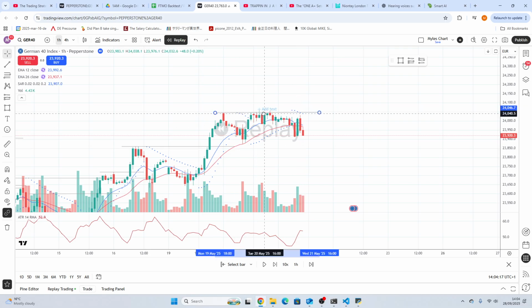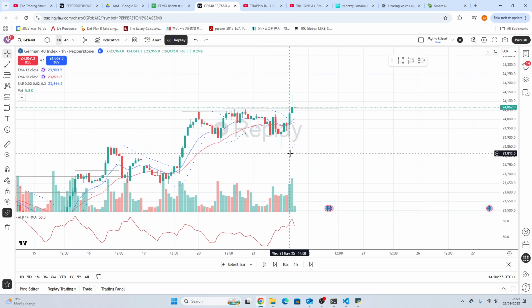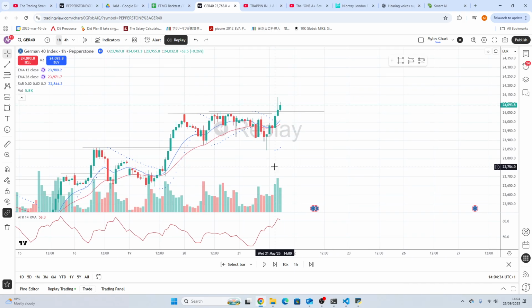So yeah, now we got this. Keep the line there. We just made a loss, so we're just waiting now. Okay, we got that BOS there. We're pointing upwards. We've got the parabolic. The candles are green, relatively high. It's not the highest, but it's still high. We're below 100 ATR, so it's sloping up.